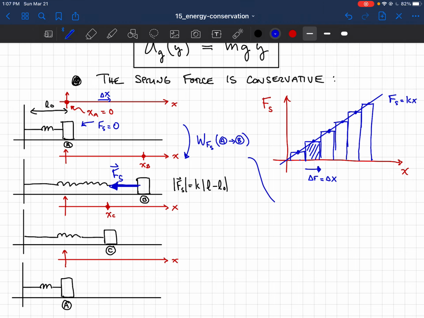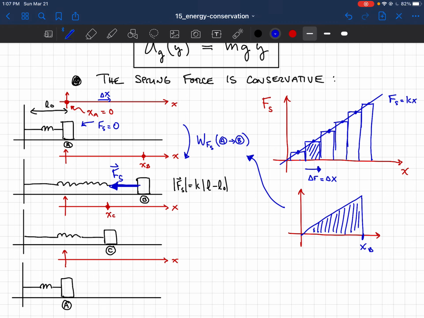So what is the total amount of work from A to B, so from the equilibrium position out to this position where it's stretched the furthest? Well, we can just write it out quickly here, that is going to be the area of this triangle.